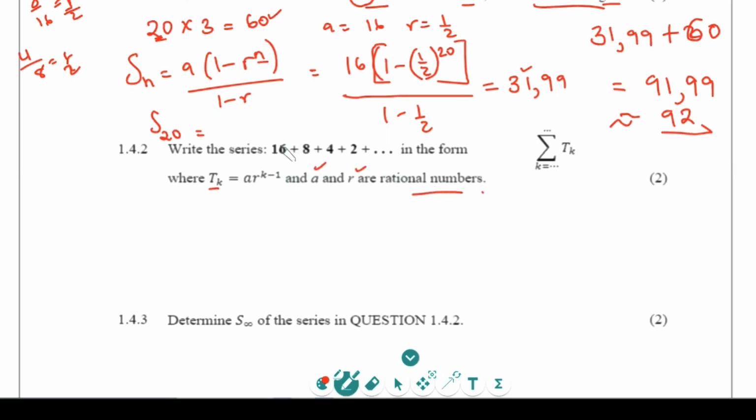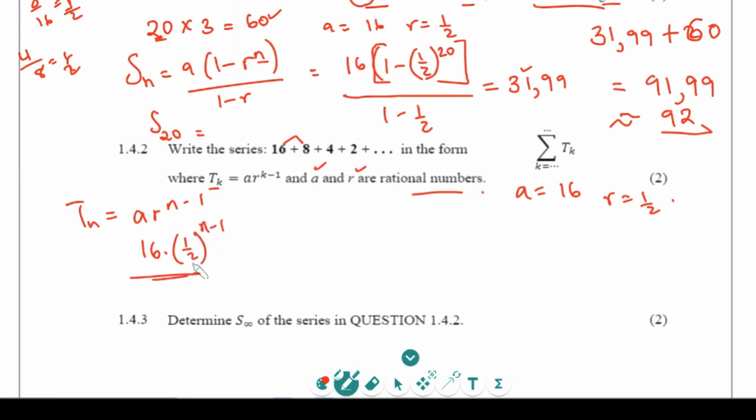So this is just the geometric sequence from that previous question, where our a is 16 and our r is a half. We need to determine the nth term. We said ar to the n minus 1, and with a being 16, we multiply this by a half to the n minus 1.